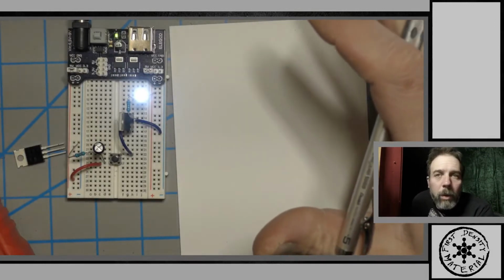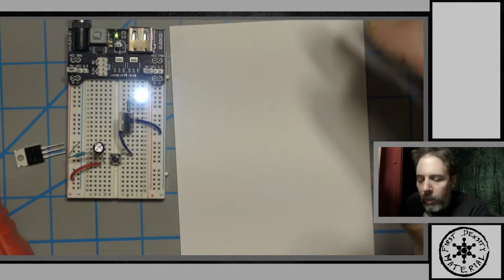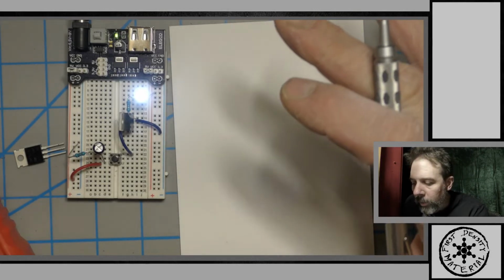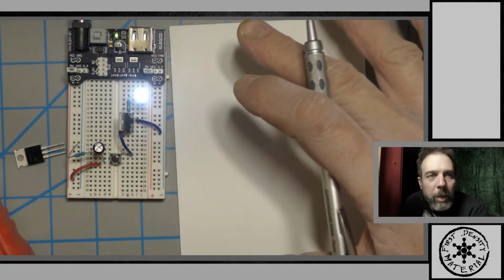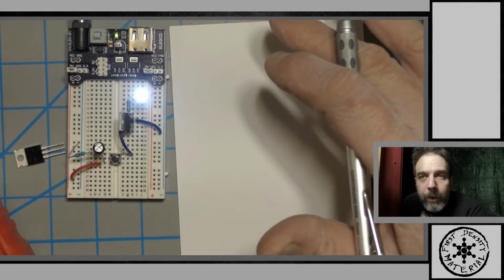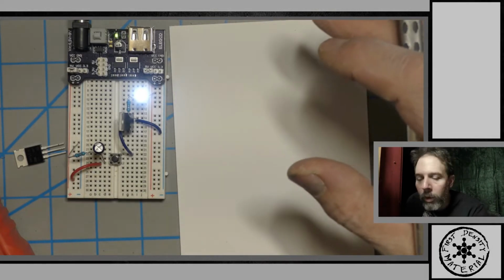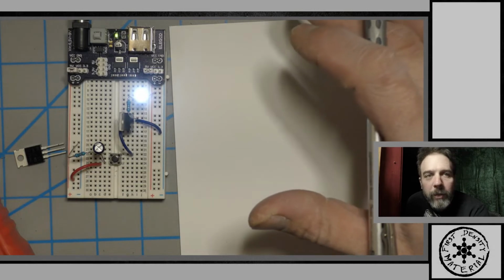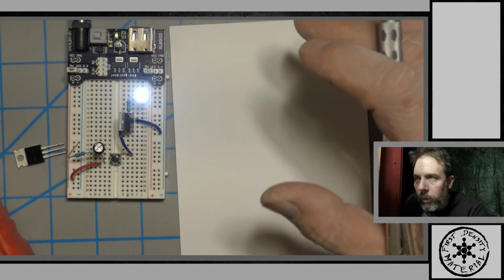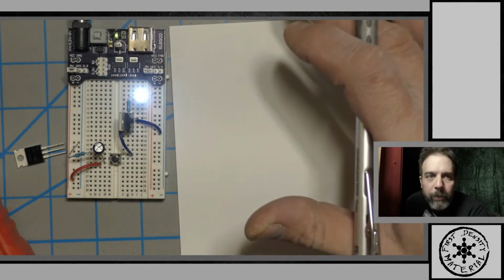Alright, so up until now, I have taught this class where I draw a schematic for you, and then we build that schematic. In this case, we're going to do the reverse operation of that, and then rebuild it.